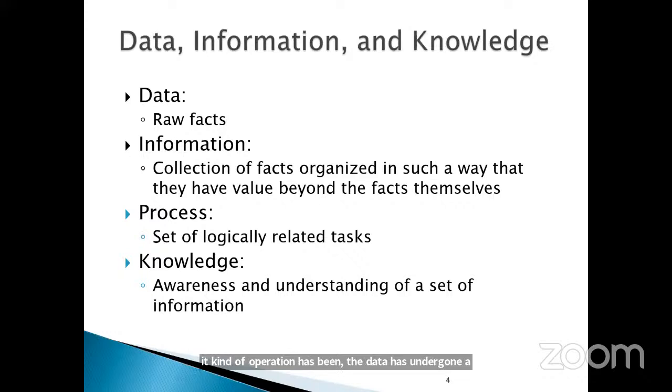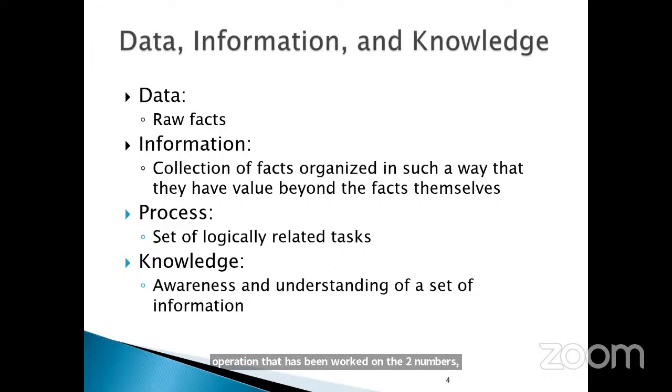In the last class, we used an example of two numbers, and we said that those two numbers can be referred to as data. Assuming we want to perform arithmetic operations on those numbers, at each point we are going to have an output which is different from the other because of the kind of operation worked on the two numbers.